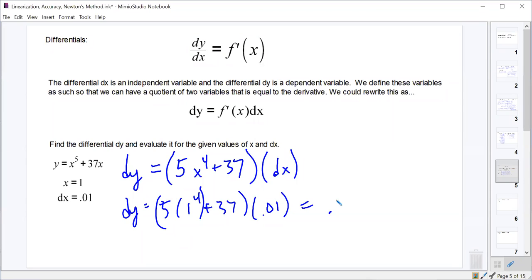Yep. So if the x value changes by about 0.01, the y value changes by about 0.42. Good or no?